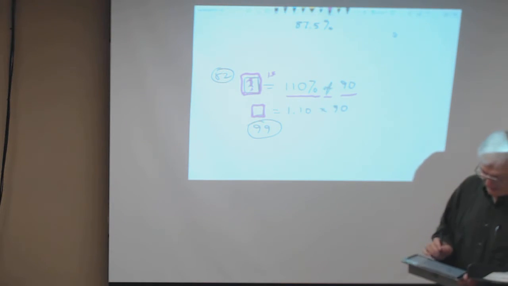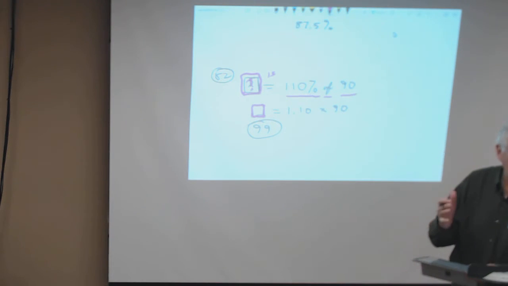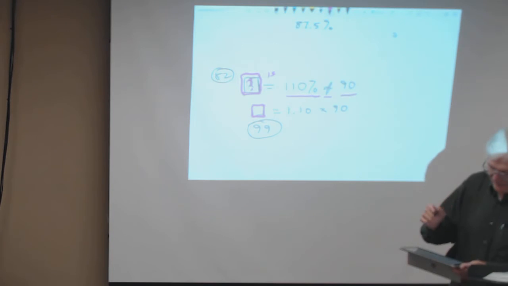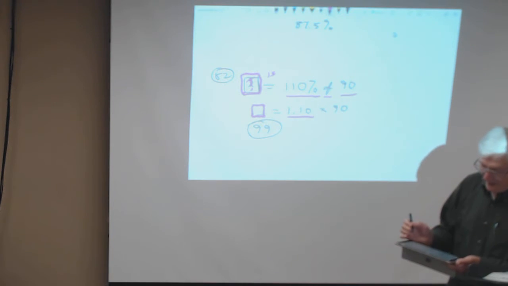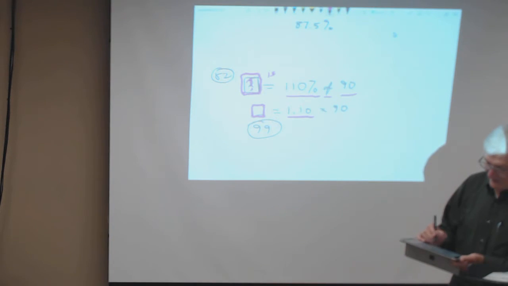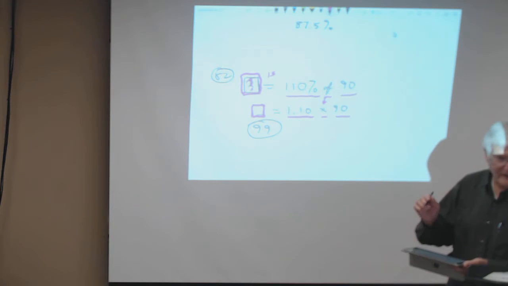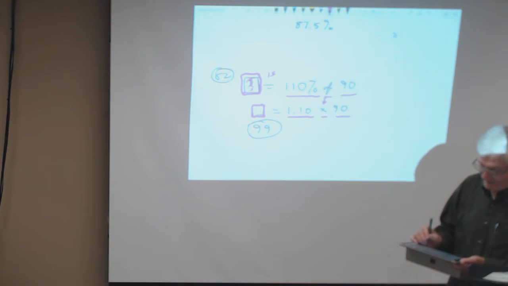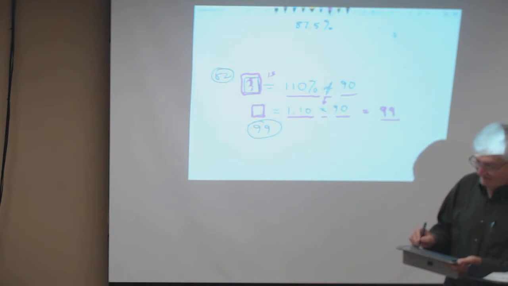So I have an empty box equals, change this percent to a decimal, because you don't multiply with percents. When you were taught to do that earlier in life, they always told you change the percent to a decimal. So that becomes 1.10 of, and of means times 90. What's 1.10 times 90? Punch it in your calculator and what do you get? 99. So what goes in the red box is 99.